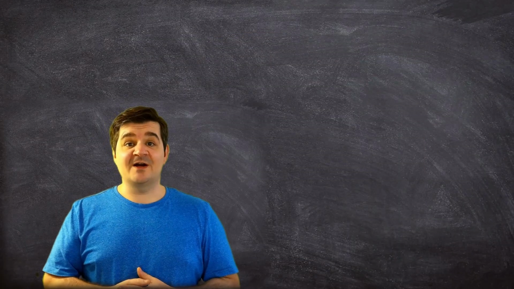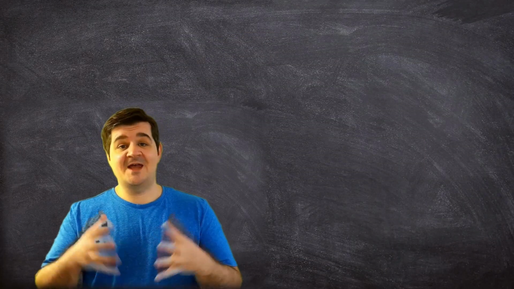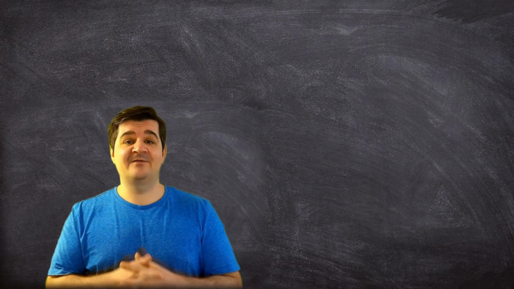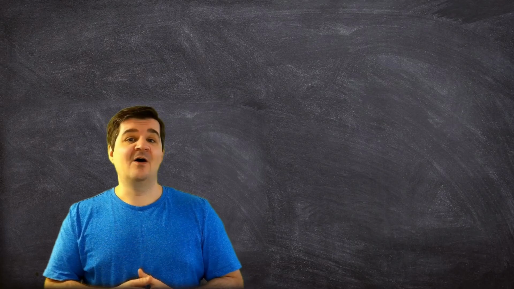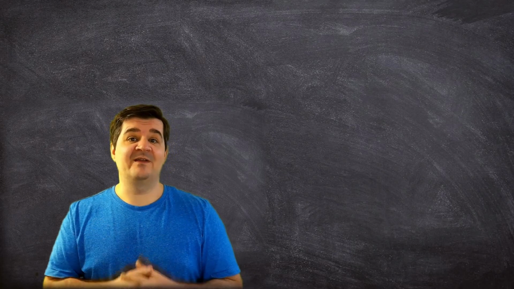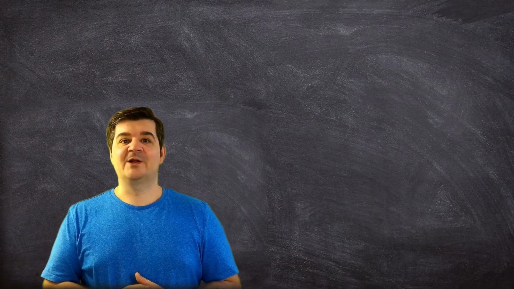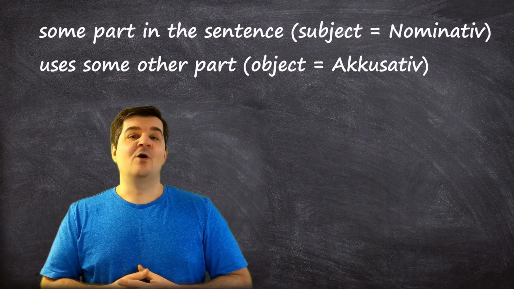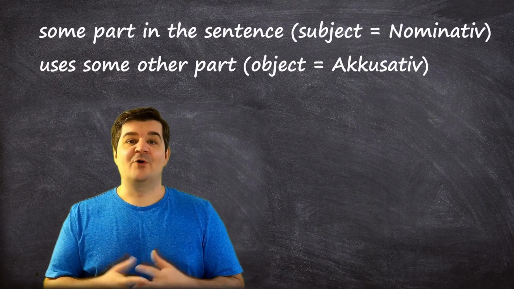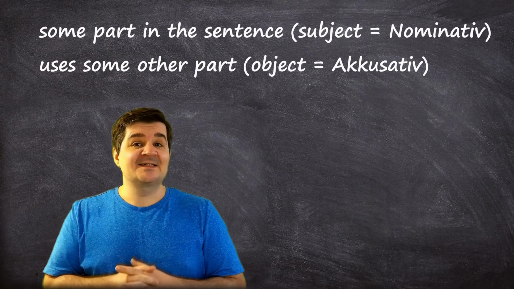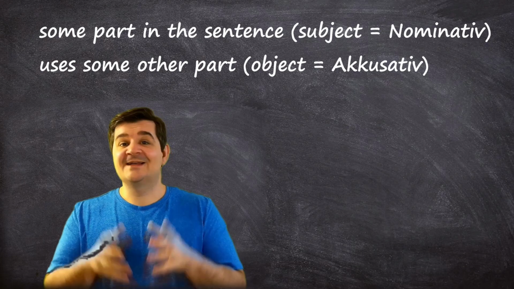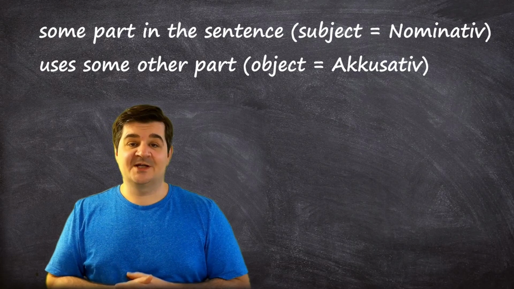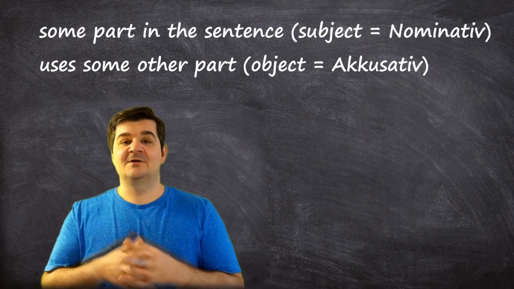In order to construct a sentence which would have some logic, we will have to include some person or thing that is doing the action in our exemplary sentence, and by doing so is using or transporting someone or something. That someone or something is actually the accusative object that we're going to talk about today.